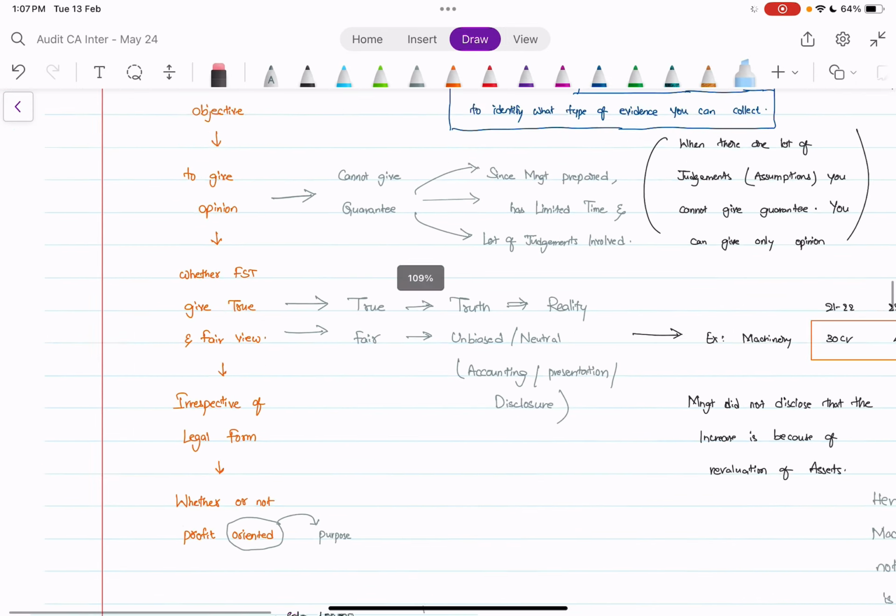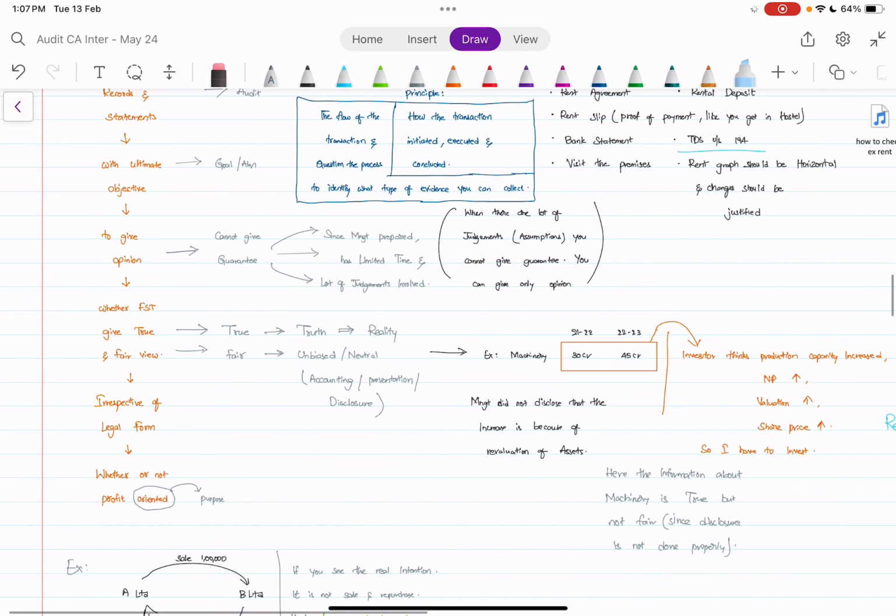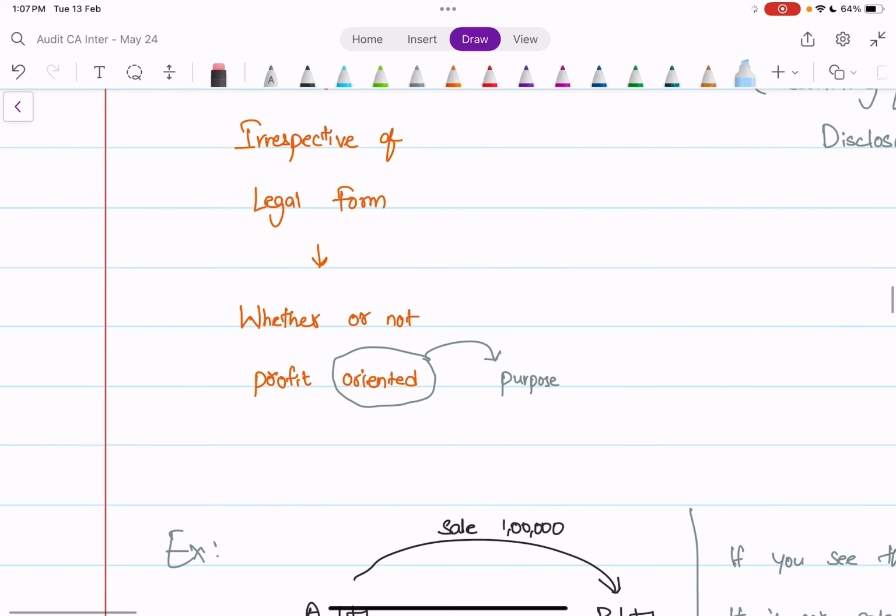The ultimate objective of the auditor remains the same, whether it is profit oriented or not. It might even be a charitable institution, but the auditor's primary objective doesn't change at all.